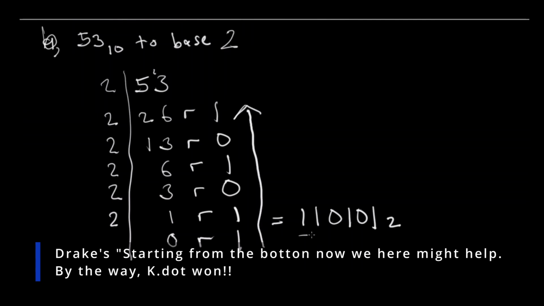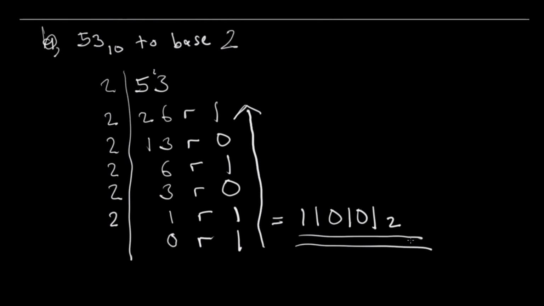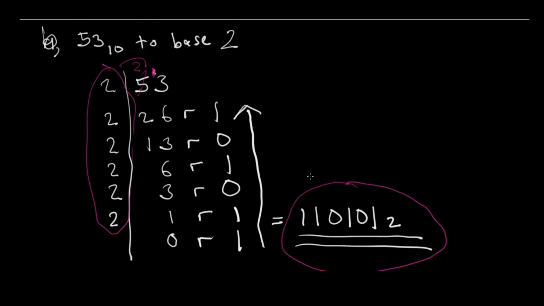So base 2. 53 base 10 to base 2, that will be your answer: 110101. So let us dissect the operation again. Our factor is remaining 2, and 2 is dividing into 5. It's 2, 2 times 2 is 4, remainder 1 here, and we do our operation until we finalize with this answer.